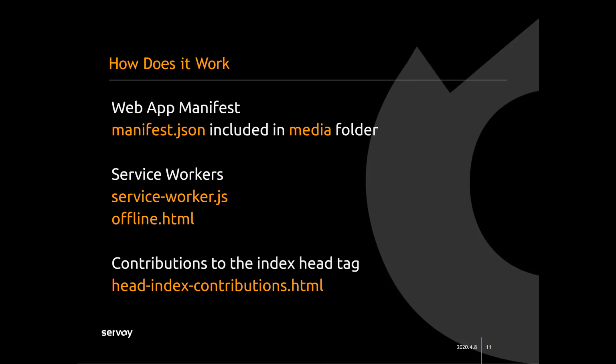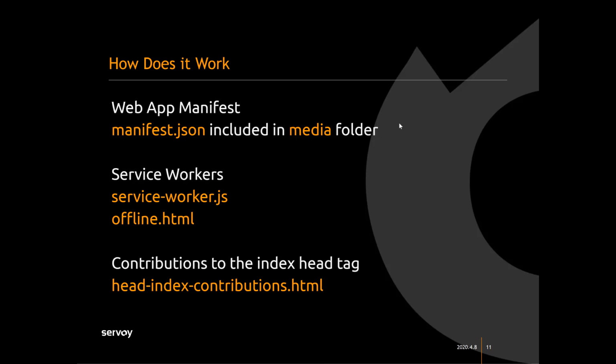There is one other thing I didn't show, which is head index contributions. If you put this file, head index contributions.html, in your media folder, Servoy will inject it into the head part of the index page, so that's a way to load some things.